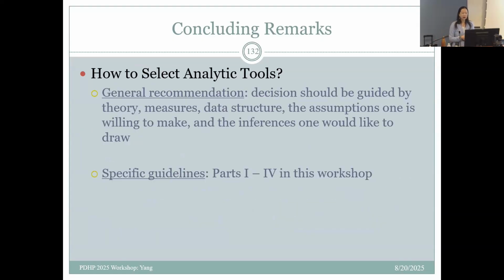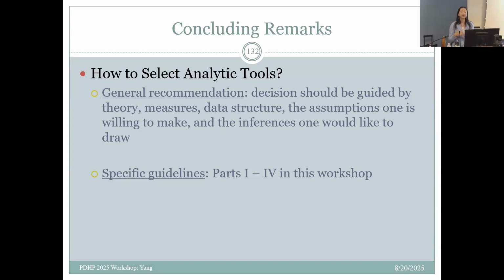So how do you then select among different analytic tools? My general recommendation is that your decision should be guided by theory, measures, your data, the data structure, and the assumptions you're willing to make and inferences you're willing to draw.